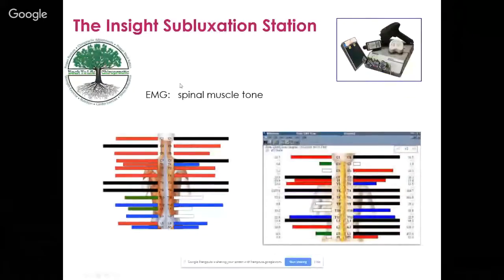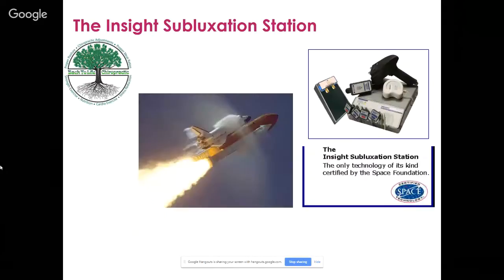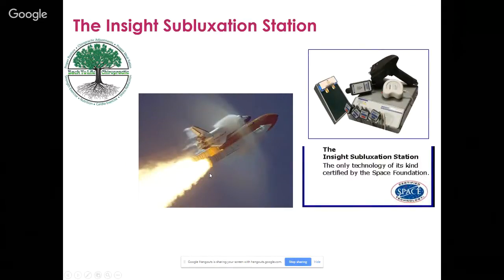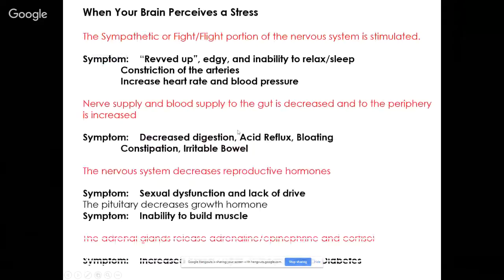So we were talking about the different tests that you can use to diagnose the different effects that stress is having on your body systems. And last time we talked about the thermograph, which was skin temperature, and that shows us which organ systems are bad, based on your nerve chart.